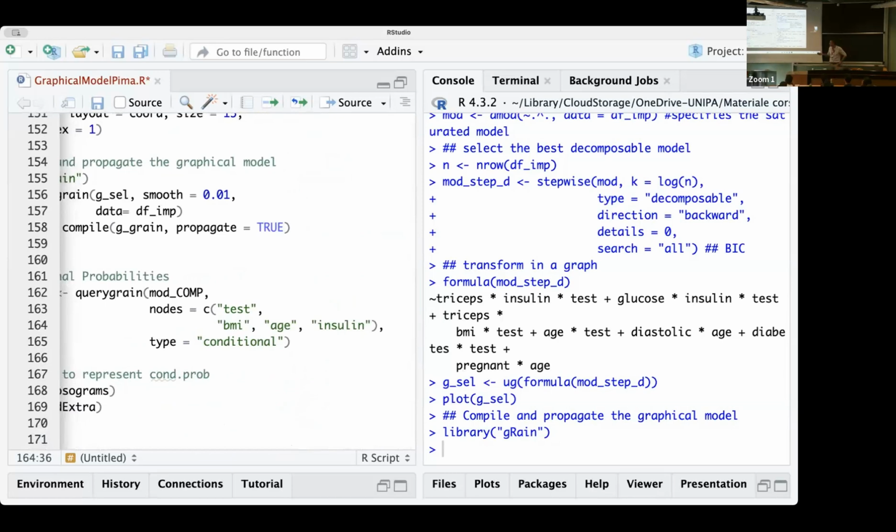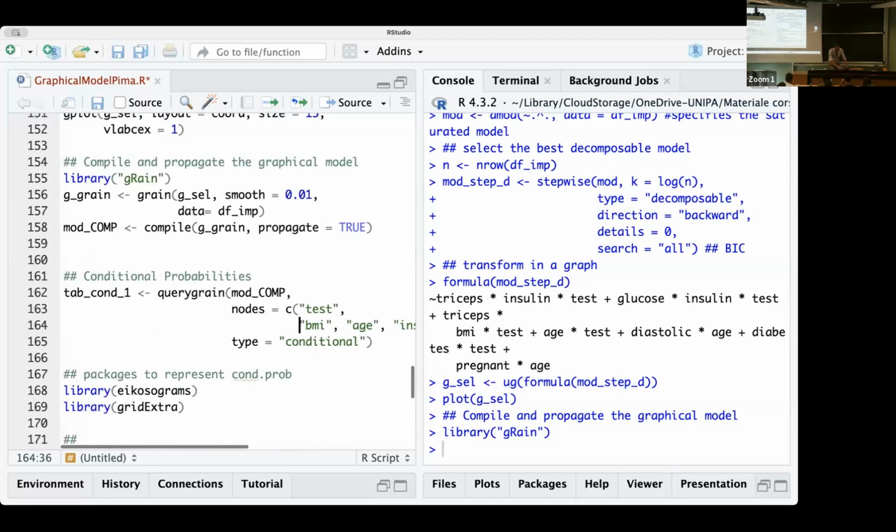And this is a conditional query, which asks, okay, give me the conditional probability of test given BMI, age, and insulin. So the fact that we are not using a directed acyclic graph doesn't mean that we cannot answer conditional probability questions, right? That's the point of all of this. So you want to answer these questions, and the best way is like this.